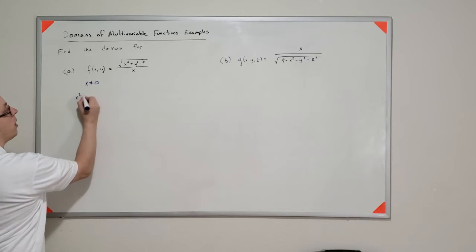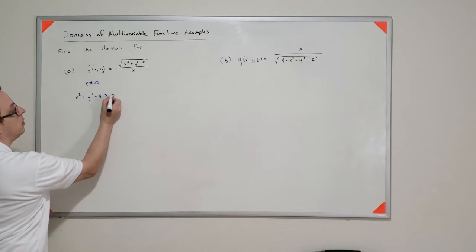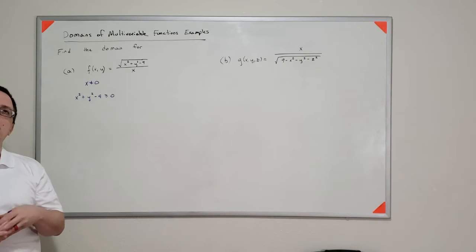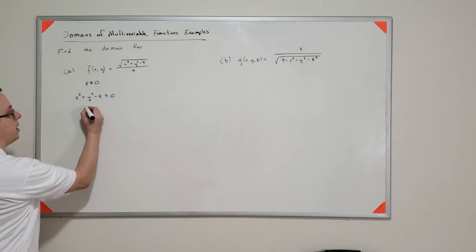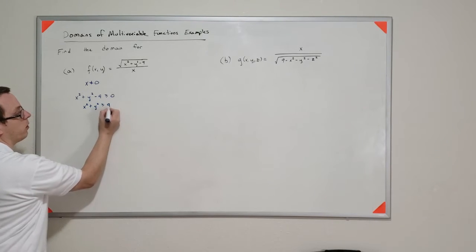So x squared plus y squared minus 9 must be greater than or equal to 0. And maybe a more convenient way to write that would be x squared plus y squared needs to be greater than or equal to 9.